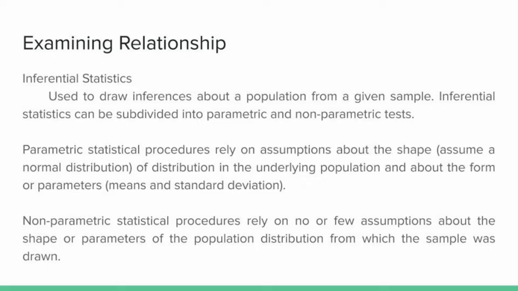Parametric statistical procedures rely on assumptions about the shape, so we assume a normal distribution about the shape of distribution in the underlying population and about the form of parameters. So we use the means and standard deviation.